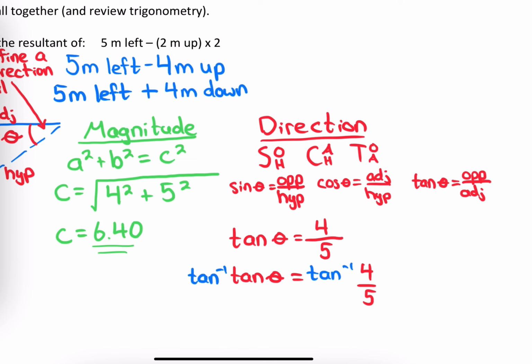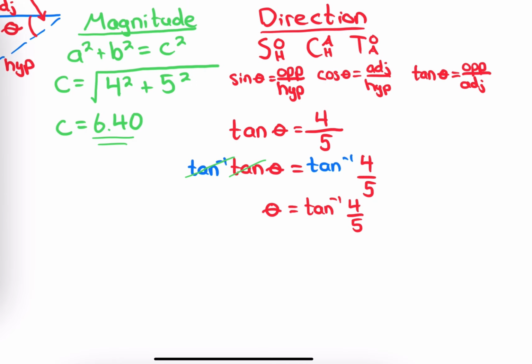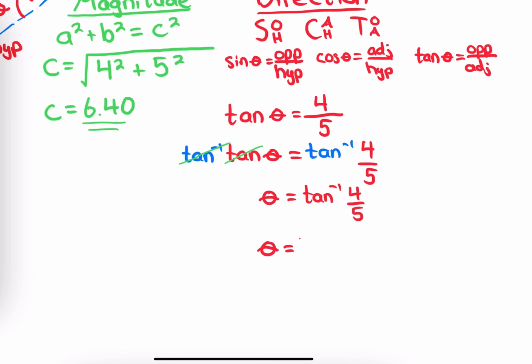And then the idea here is these two tans cancel out. Inverse tan and regular tan cancel each other out. So I'm left with, on the left side, just theta, which is what I wanted, is inverse tan 4 over 5. And that gives me theta equals 38.7 degrees.